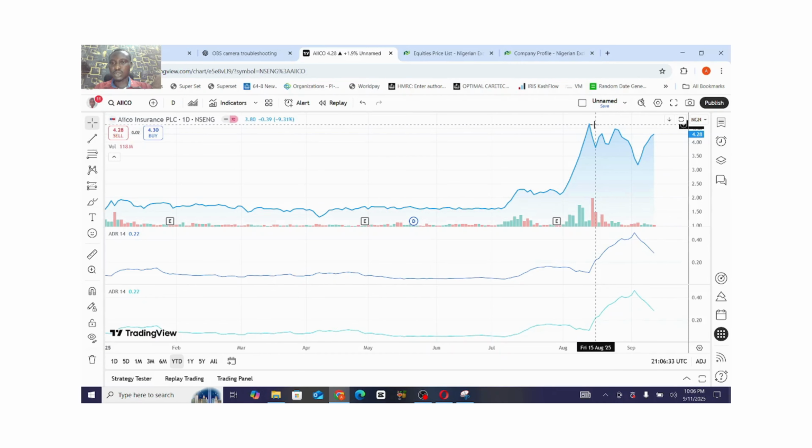It has touched this height of around 4.5, right? And now it is coming down.